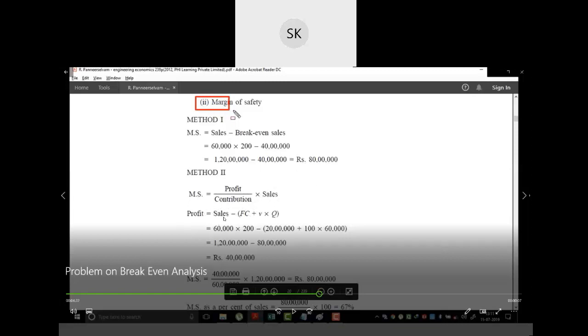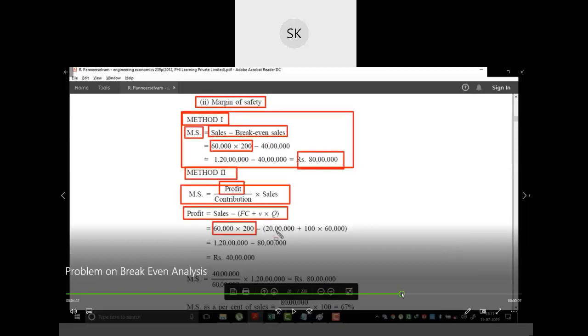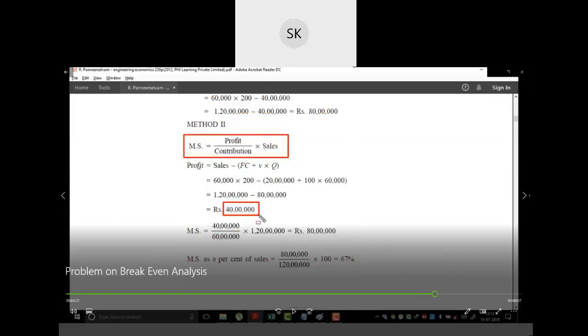In terms of percentage of sales, margin of safety upon total sales is equal to 80 lakhs upon 120 lakhs, which is equal to 67%. So margin of safety in terms of sales percentage is 67%.